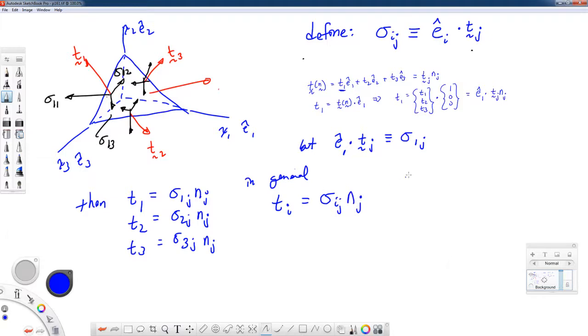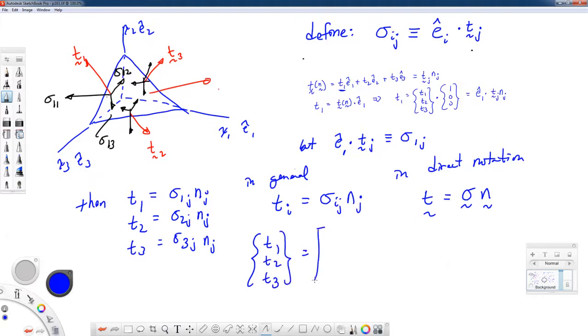In direct notation, the traction vector t is equal to the stress tensor times that particular unit normal. If we want to use matrix notation, these components of the traction vector could be found by doing a matrix multiplication.